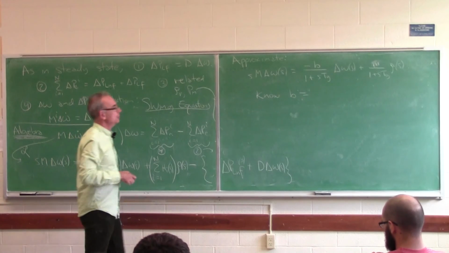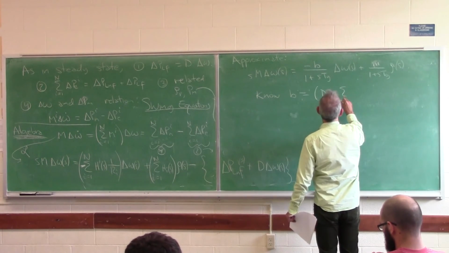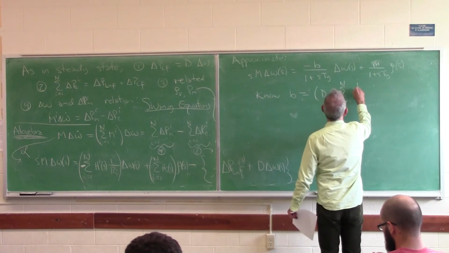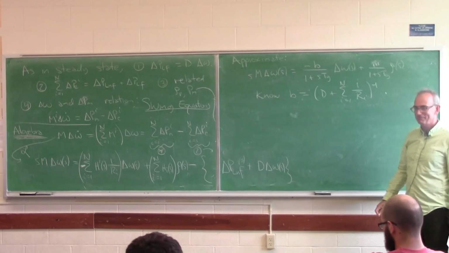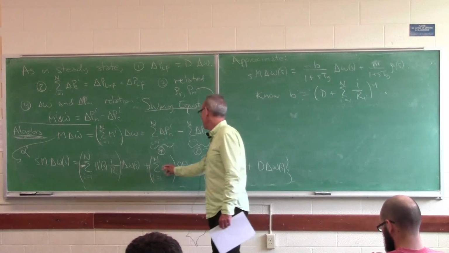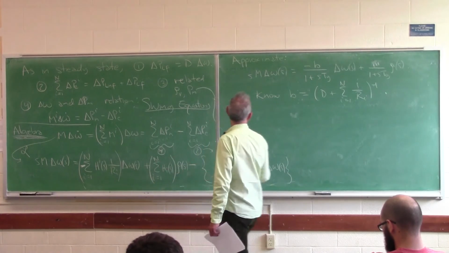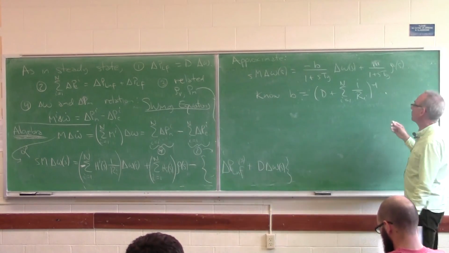So if you go back and look at your notes, we know B is D plus the inverse of the summation, i equals 1 to N, of 1 over R_i. We derived that. And if all these H_i were the same, then this constant M would be N. So M is probably N.